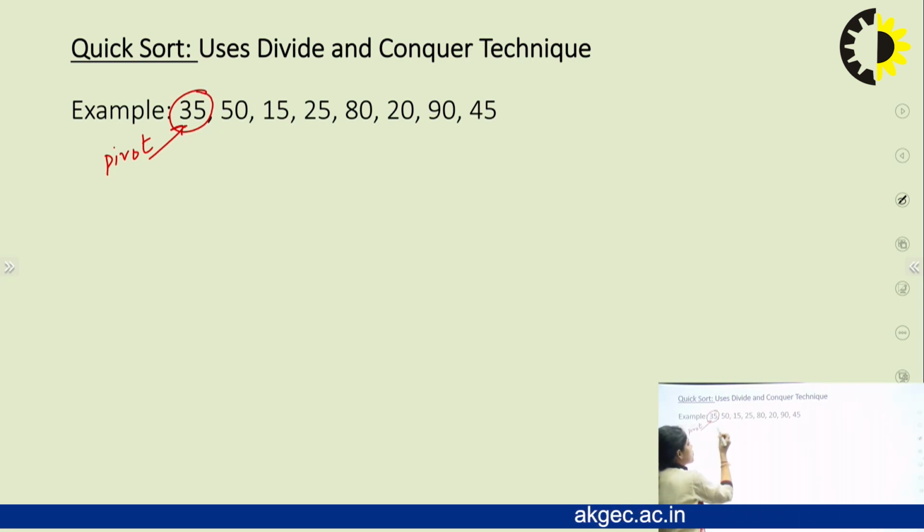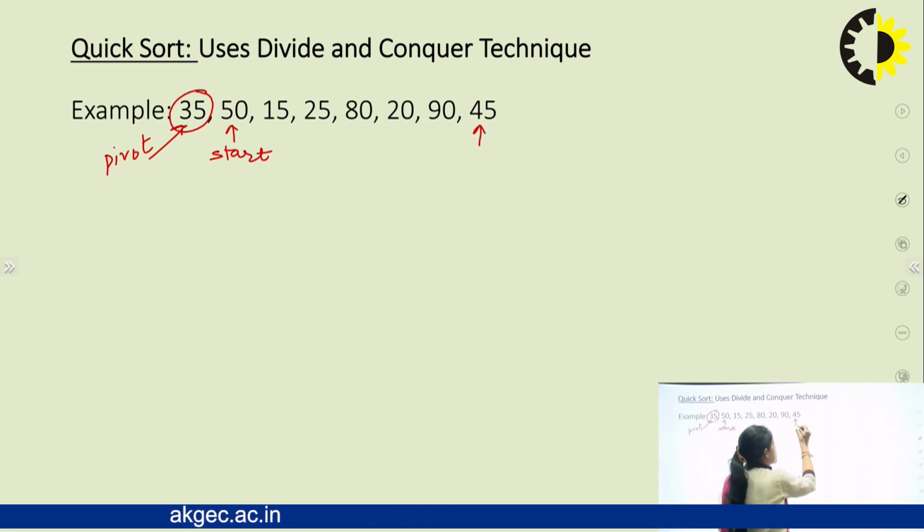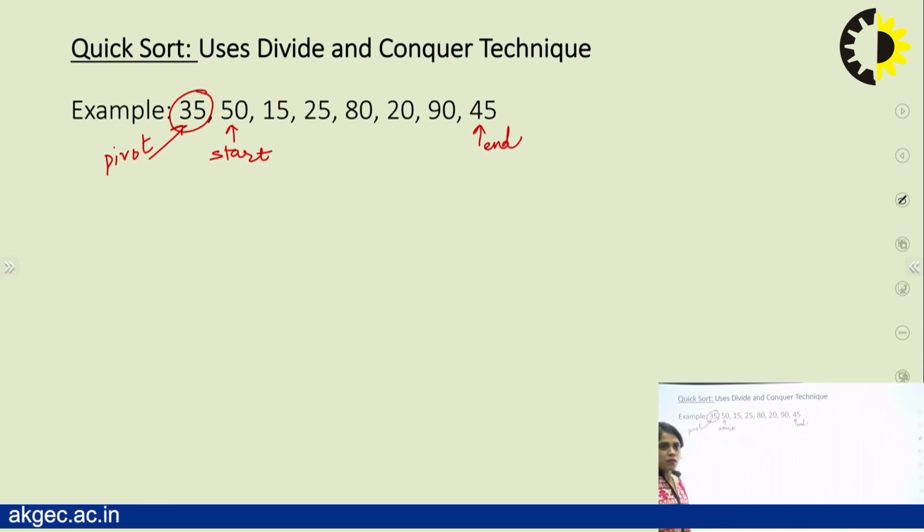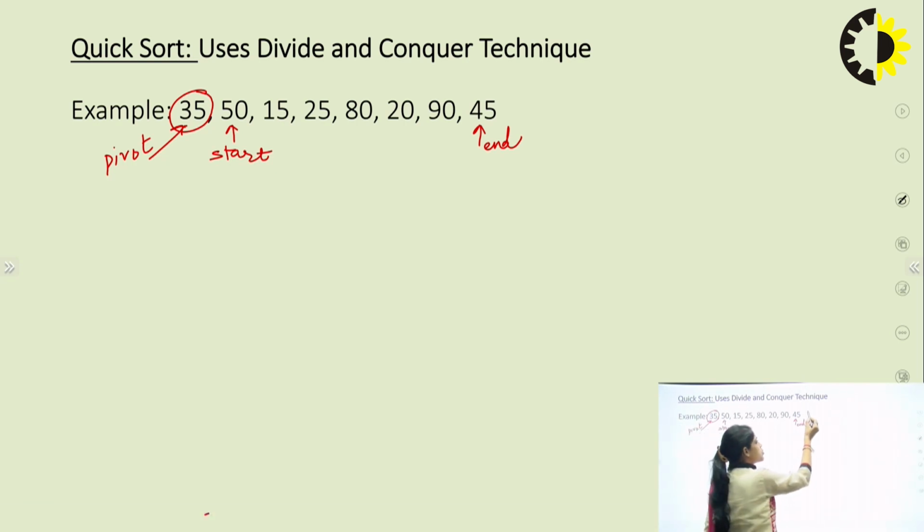This is the pivot. Always take the element next to the pivot as the start element, and the last one is the end element. Whenever we start this comparison, we will put an infinity sign on the rightmost side.